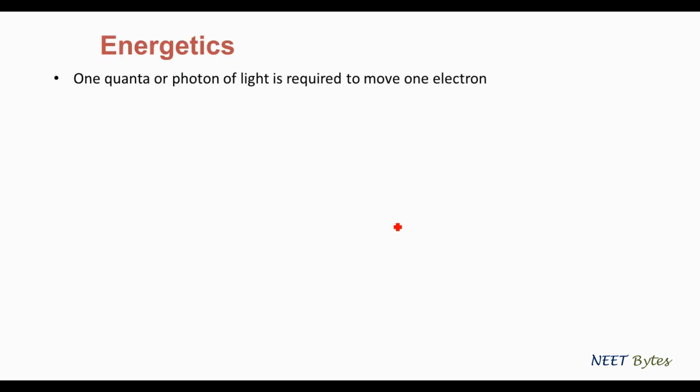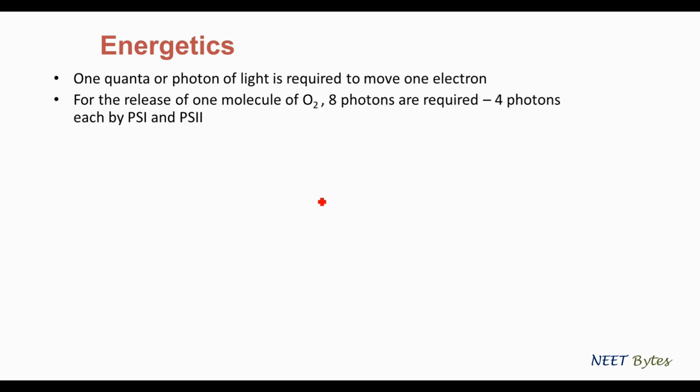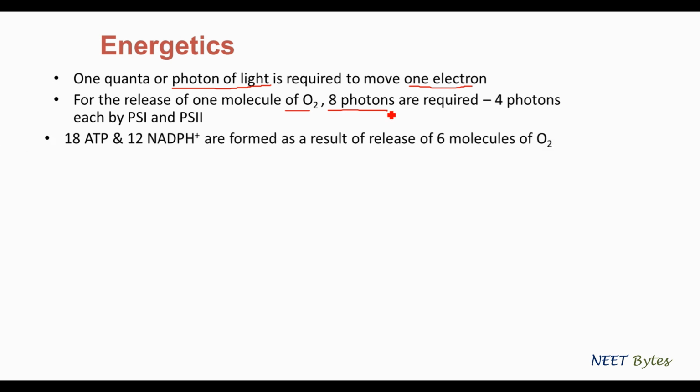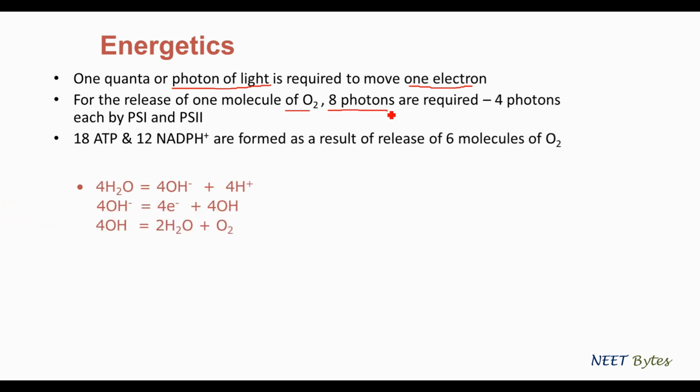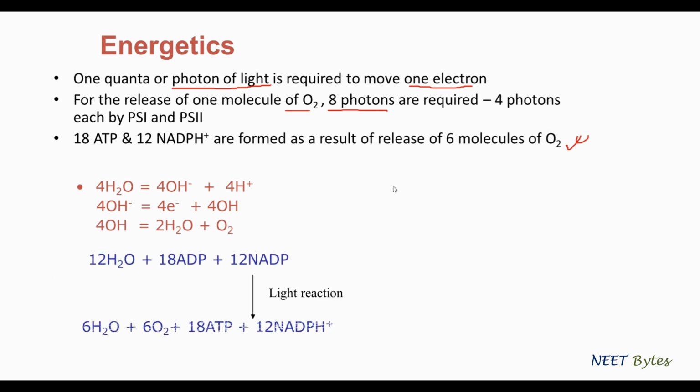Now let's talk about the energetics. In case of light reaction, one quantum or photon of light is required to move one electron. So naturally, for the release of one molecule of oxygen, 8 photons or quanta are required, 4 by PS1 and 4 by PS2. And 18 ATP and 12 NADPH2 are formed with the release of 6 molecules of oxygen, and this relation is very, very important in solving some of the problems.